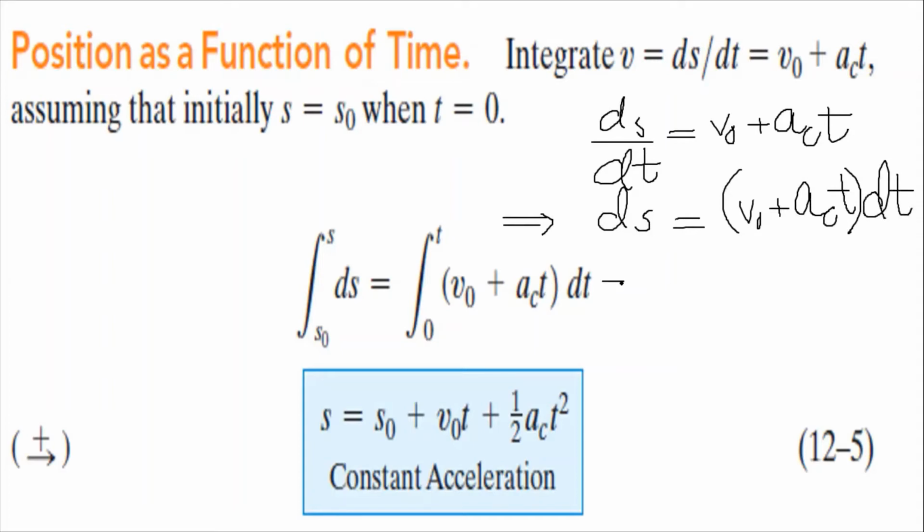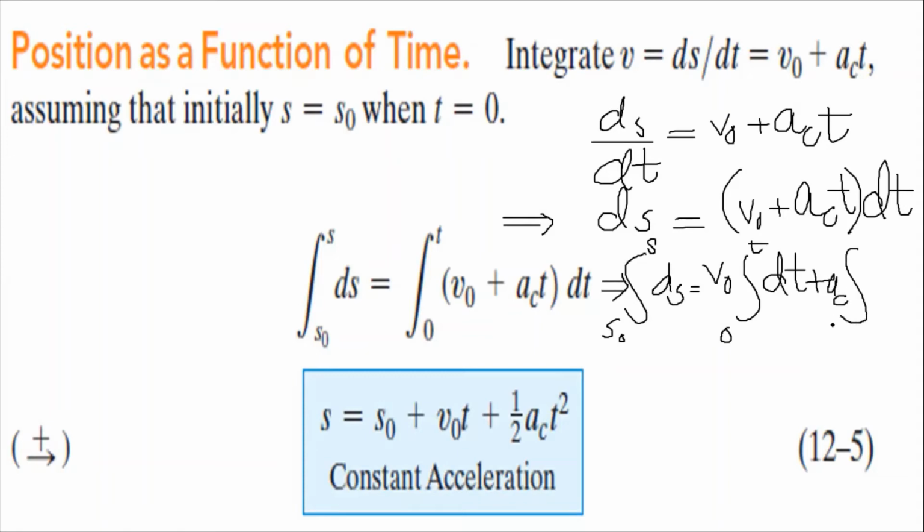Then we will apply integration on both sides. We apply integration with the limits s naught to s. It will equal v naught, which comes out as a coefficient, dt from 0 to t, plus a, the constant acceleration, and it will become 0 to t of t dt.